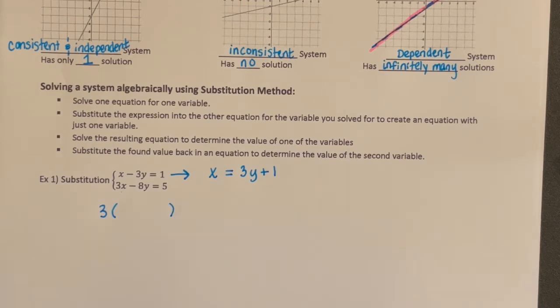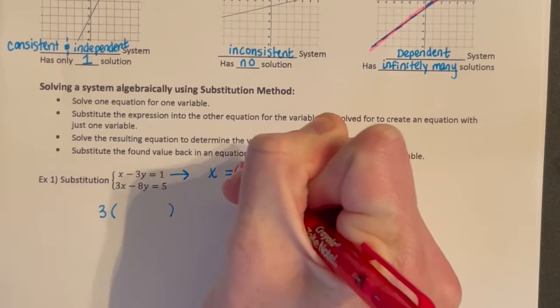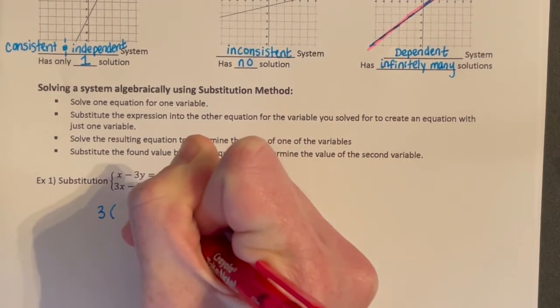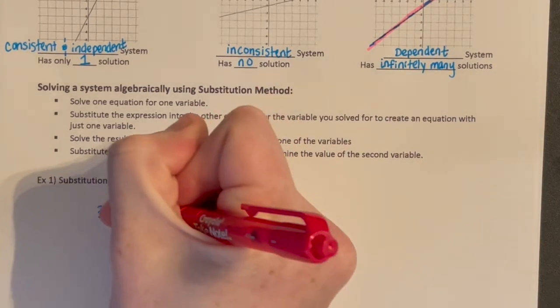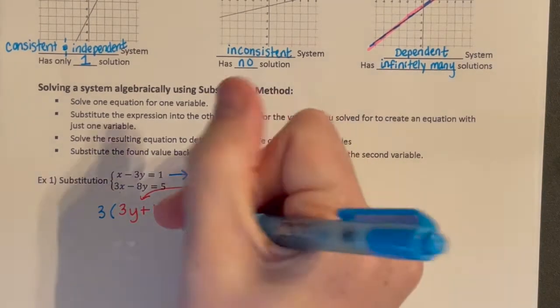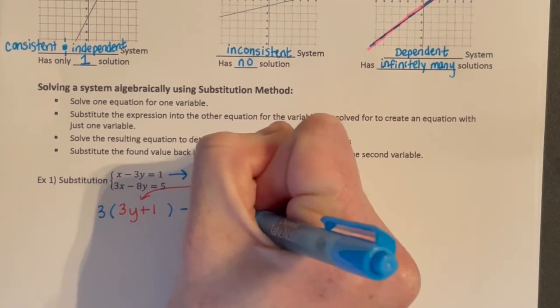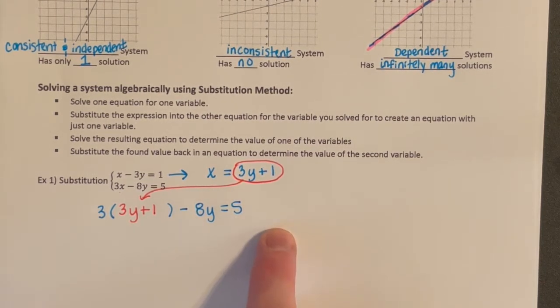So this was 3x. Instead of writing x, we're replacing it. And so this whole expression goes in place here. And we make that 3y plus 1. We have minus 8y equals 5. This is similar to what we did in polynomial modeling, where we had to solve for a variable and plug it in so that now we have one equation with one variable.